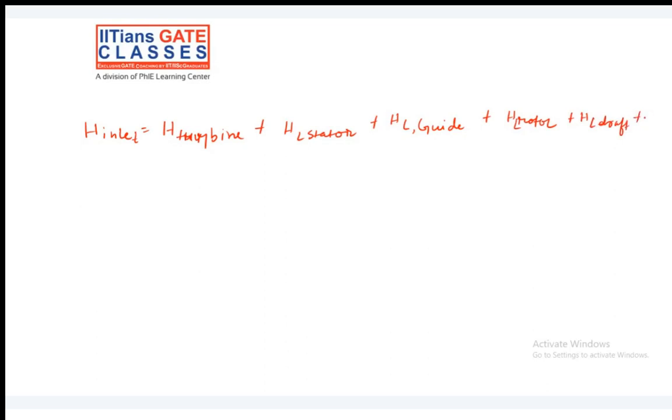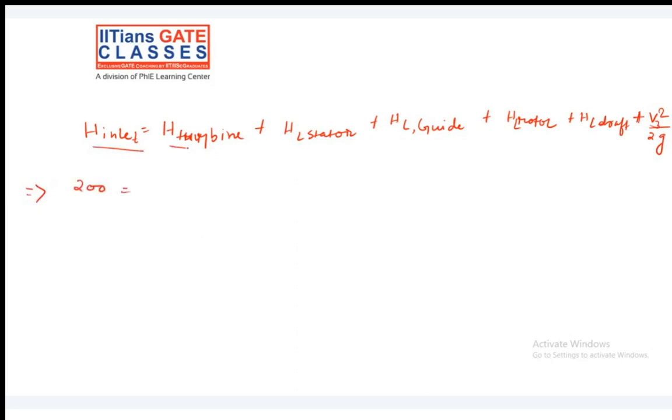Plus there will be some velocity at the exit of the draft tube, right? To convert velocity into head, we know that it is v square upon 2g, and this is V3. So the head at the inlet is 200, given to us.